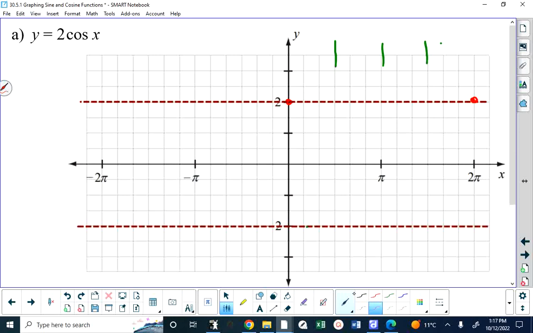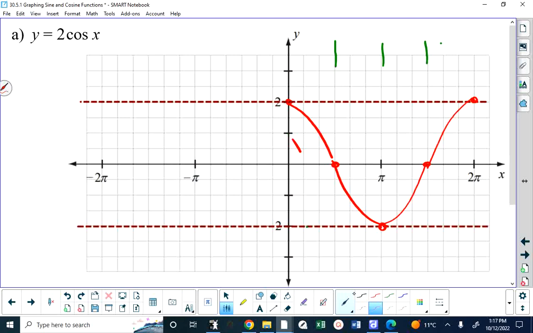That means if it has to go from here all the way down to the bottom and back up, it's going to hit the bottom halfway. It's going to hit the x-axis halfway again in between those points. And you're not going to draw this with a straight line, right? You're going to be curvy about this. Curve, curve, curve, curve.